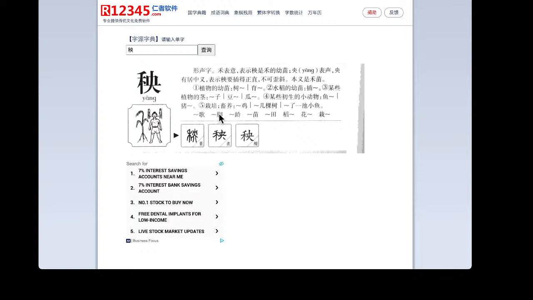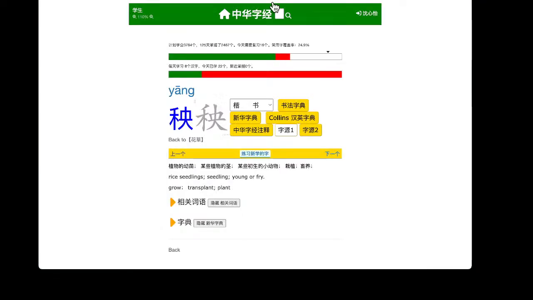It says that when you plant those baby plants, like you plant rice or wheat, you need to put them really straight. You can't plant them very sloppily, or they won't grow well. So that's why they use this yang, right in the middle, to refer to these baby plants. Okay, next one.